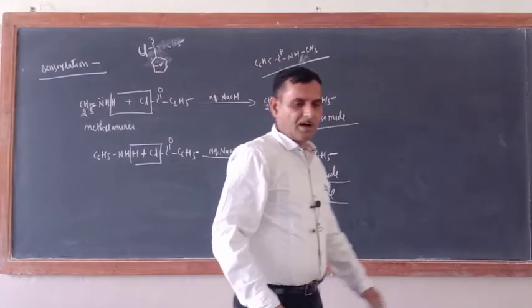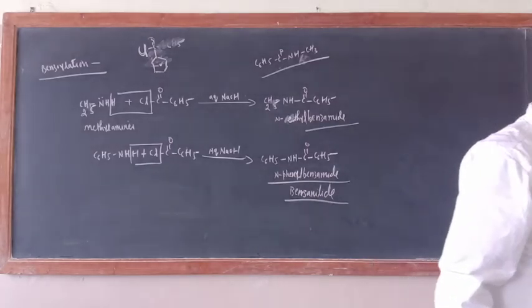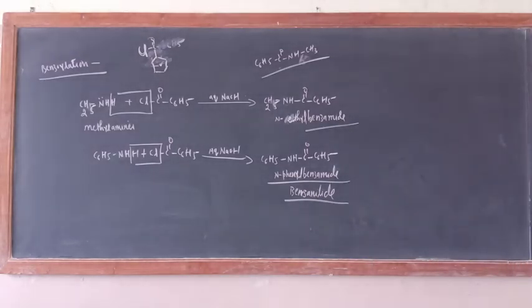So the reaction of amines with acetyl chloride, acetic anhydride and benzoyl chloride is over. And this is an example of the benzoylation reaction, which we have just finished. So this reaction is also over.